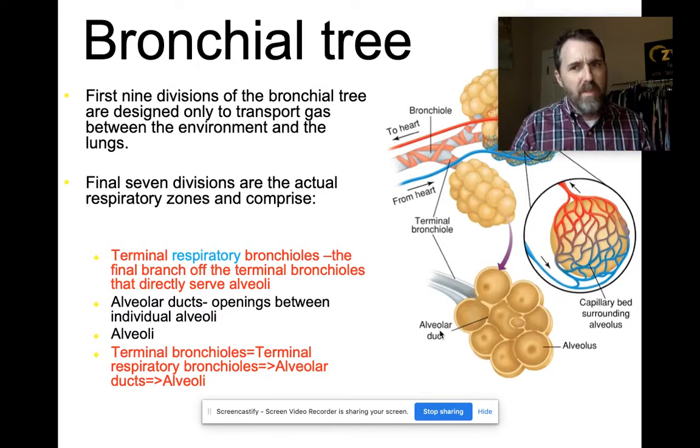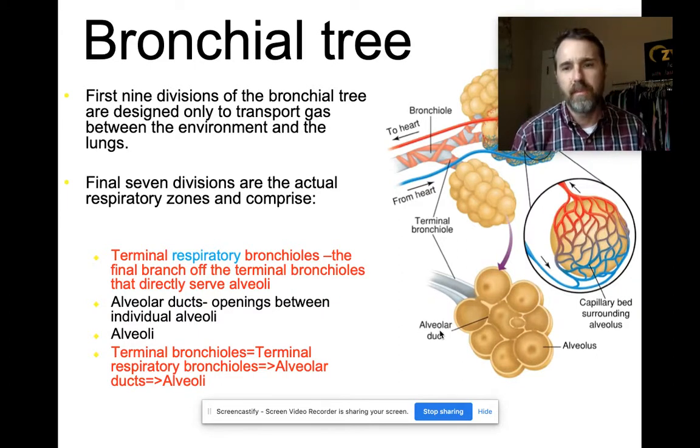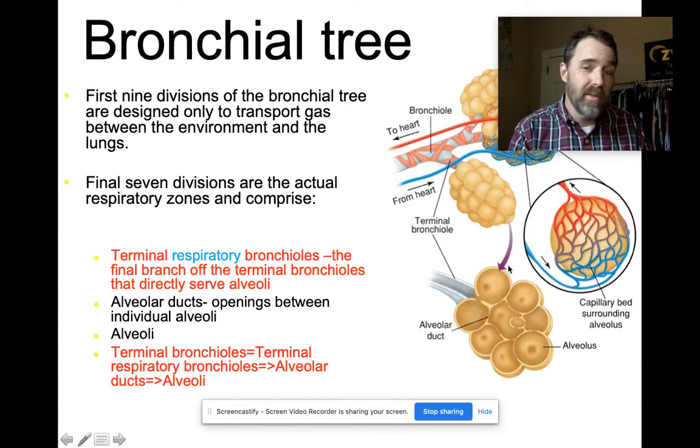Your actual respiration, the actual exchange of gases, tends to happen more at the final 7 divisions of the bronchial tree. That is where the alveoli start to show up.